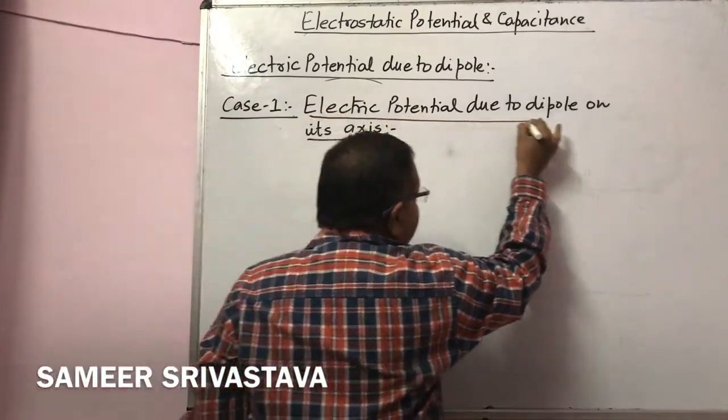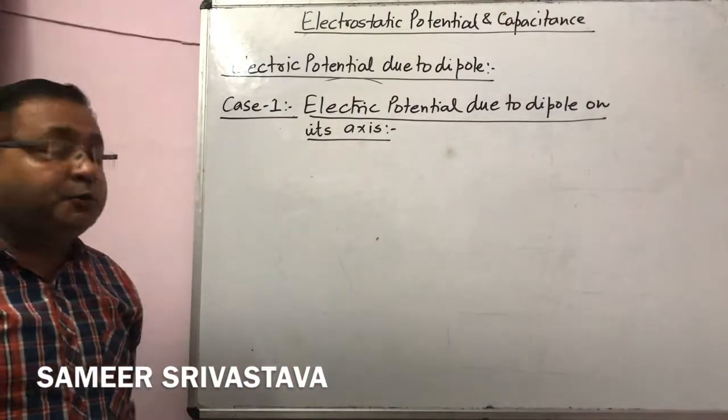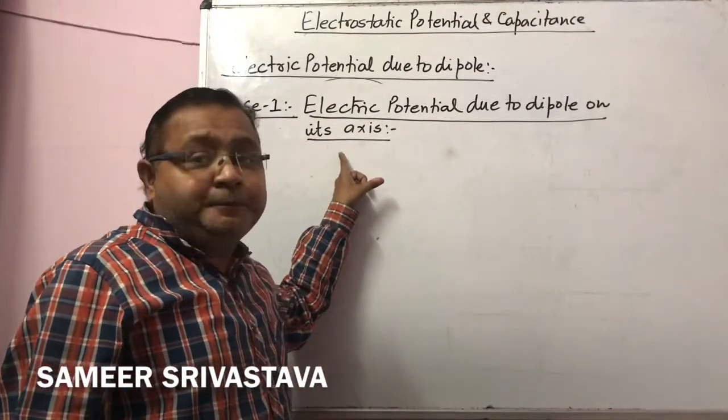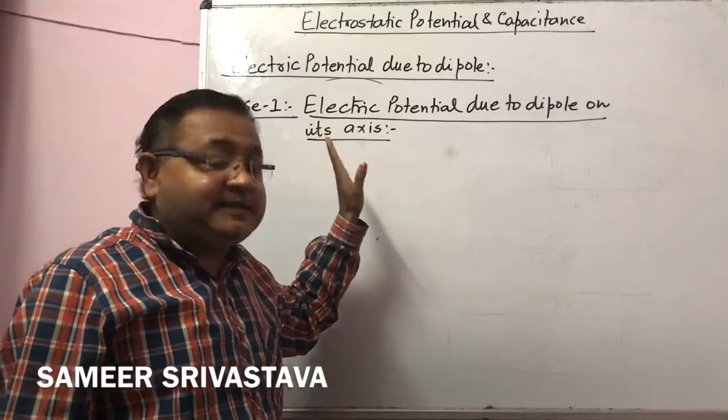It means we have to find the electric potential due to dipole where a point is mentioned on its axis.